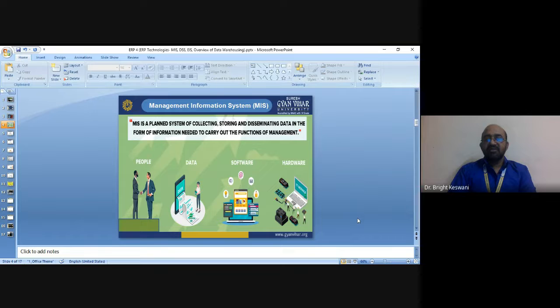The second definition: the MIS is defined as a system which provides information support for decision making in an organization.